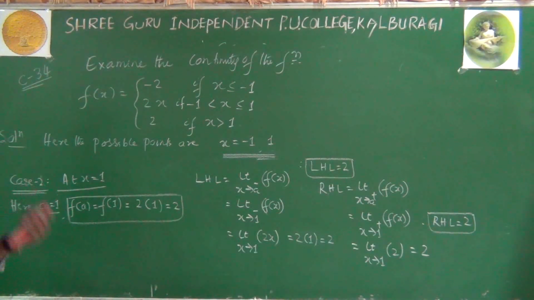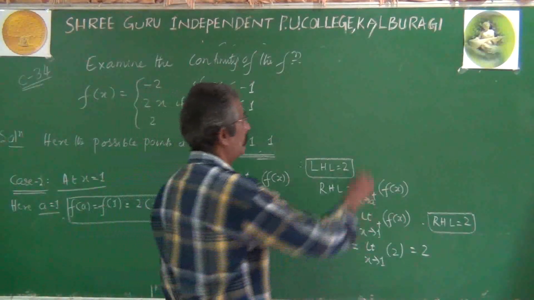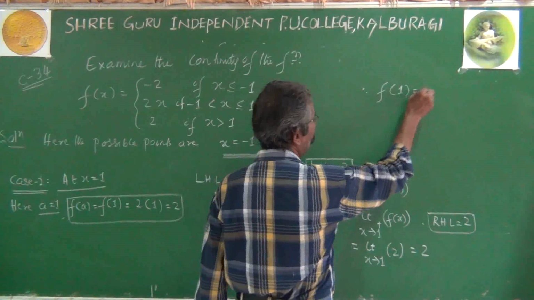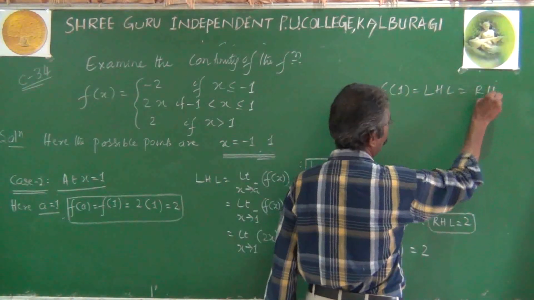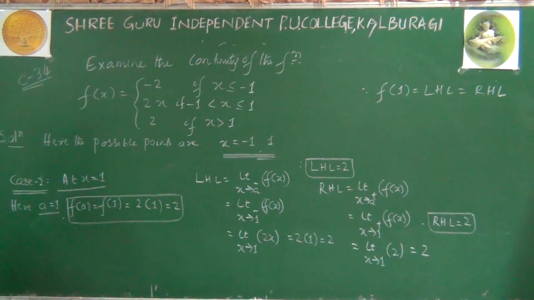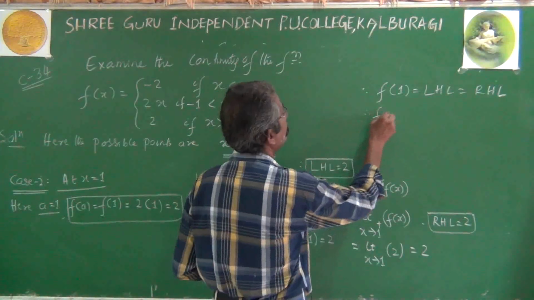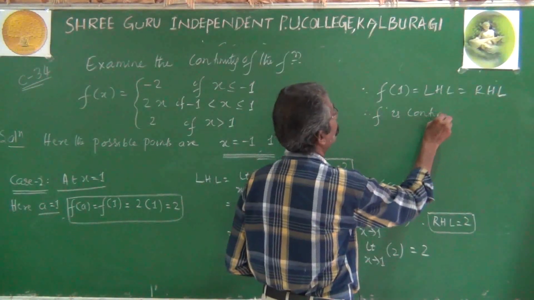So obviously the function is continuous at the point x equal to 1, since f of 1 equals left hand limit equals right hand limit. The remark is that the function is continuous at x equal to 1. Therefore, f is continuous at x equal to 1.